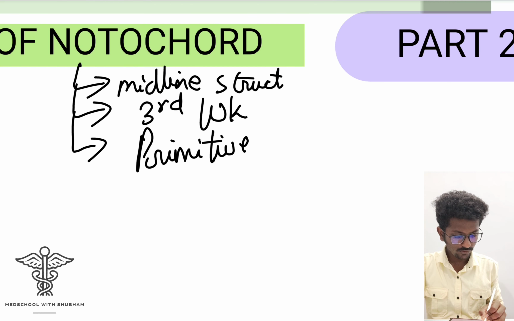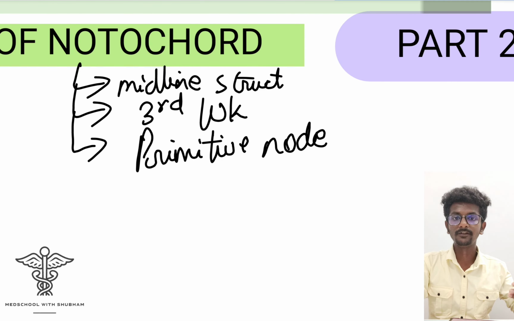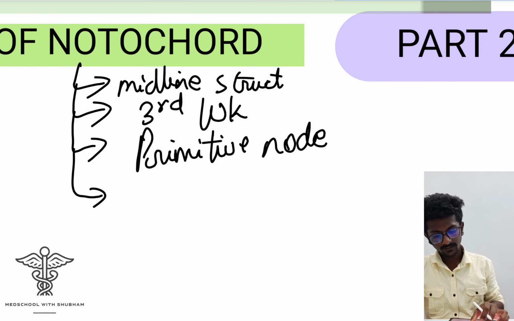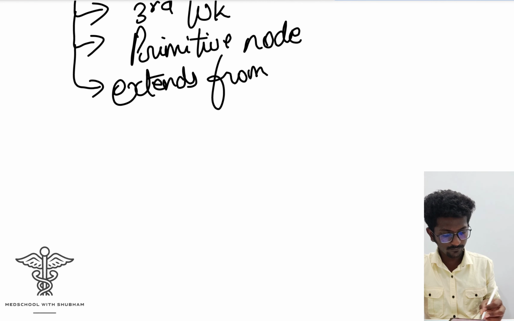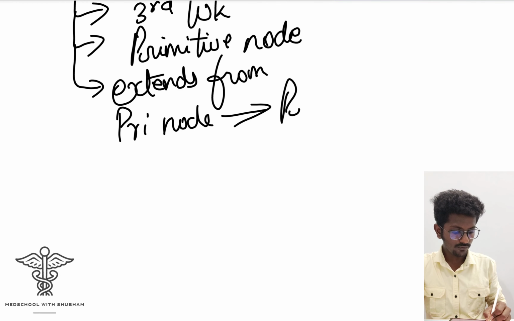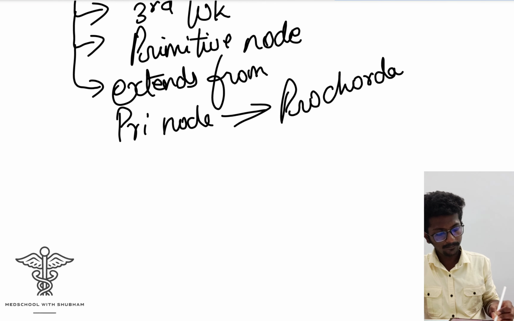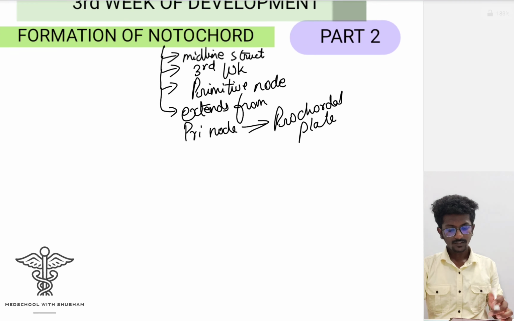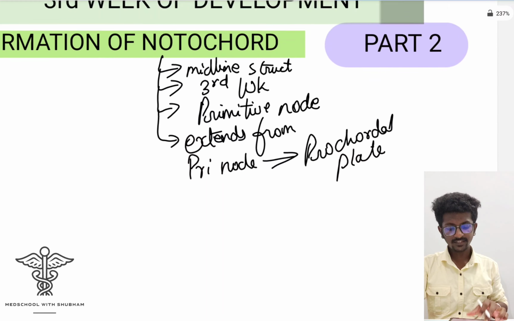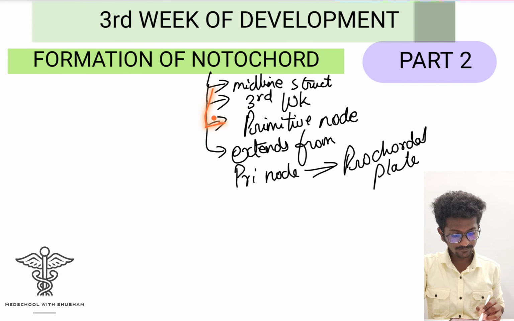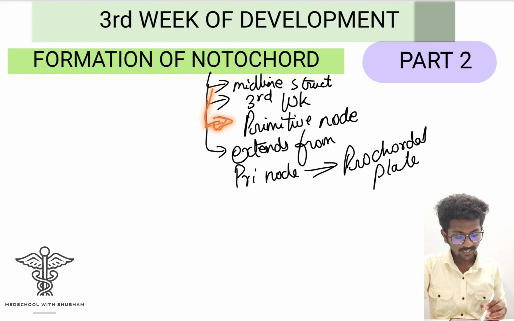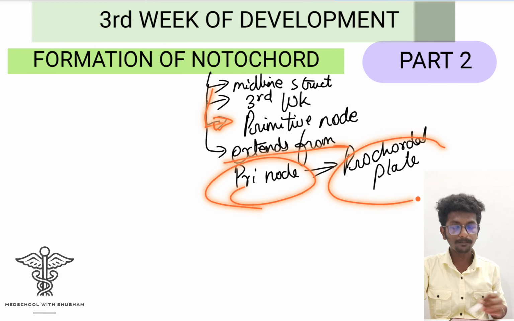It develops from the primitive node and it extends from the primitive node to the prochordal plate. I hope this is very clear to you guys. So what's the definition of notochord? Notochord is a midline structure in the embryo which develops in the third week of development, develops from the primitive node and extends from the primitive node to the prochordal plate.